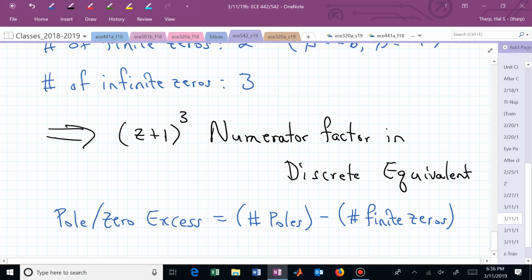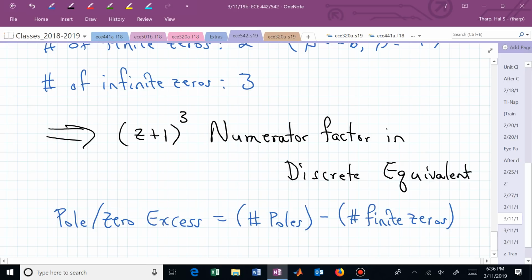If I used (z+1) three times, I won't have any fewer finite zeros than I have poles. If I now wanted a pole-zero excess of 1 in my discrete equivalent, do you see that I would just introduce one (z+1) squared factor in the numerator, not a (z+1) cubed?